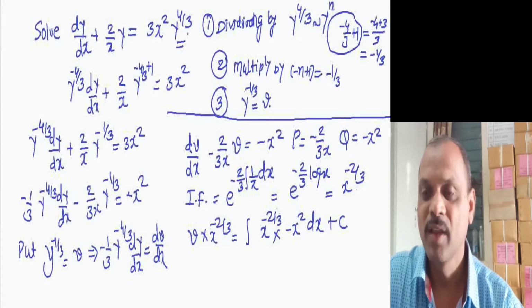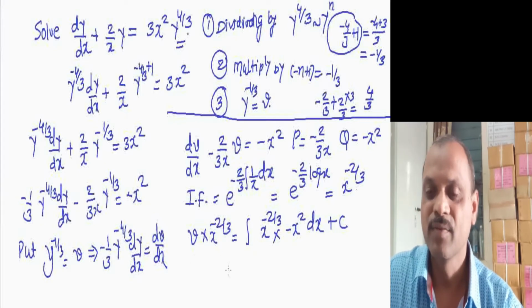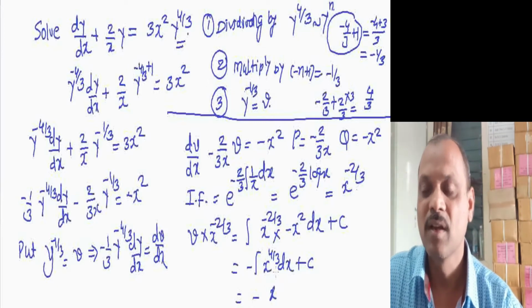Okay. So, here you can see that minus 2 by 3 plus 2, addition of the indices, LCM is 3, 3 into 2 is 6, 6 minus 2 is 4. So, 4 divided by 3. Hence, we have minus integration of x raised to 4 by 3 into dx plus c equal to minus x raised to 4 by 3 plus 1.